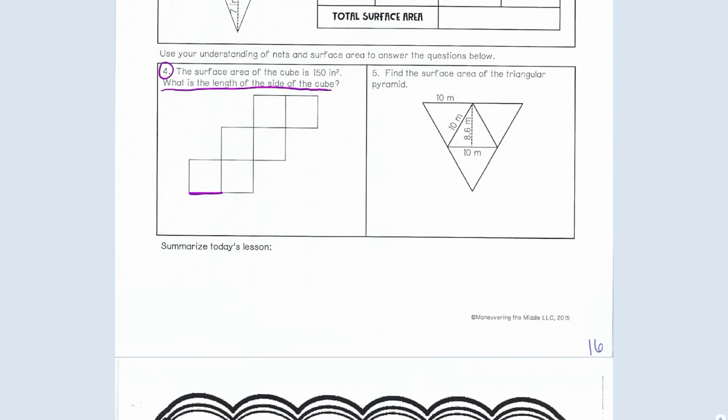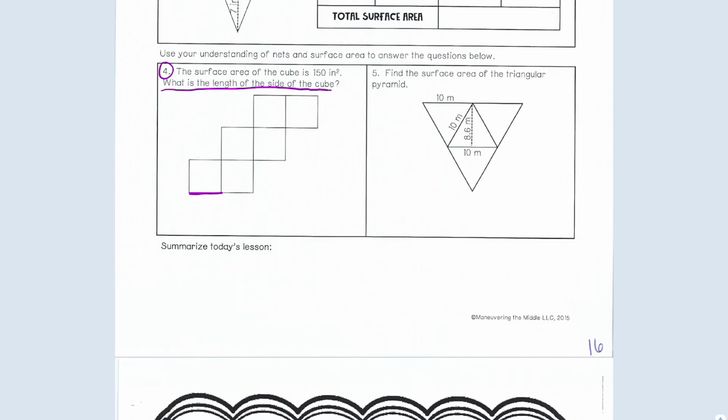So when I make a cube out of this net that I have here, pretend I'm wrapping a present, when I wrap 150 square inches of wrapping paper around it, that's my surface area. So remember, when I'm finding surface area, I'm adding all of the areas of each face together.